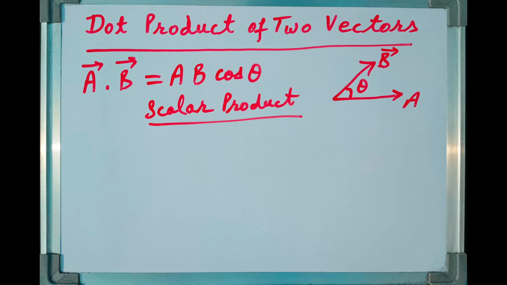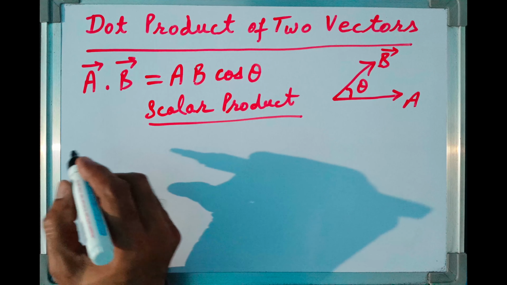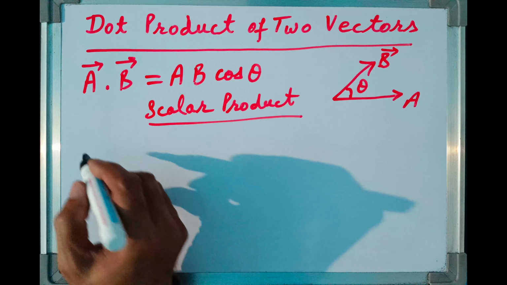Now we shall make use of this definition to find the dot product of two vectors in terms of rectangular components of the given vectors.